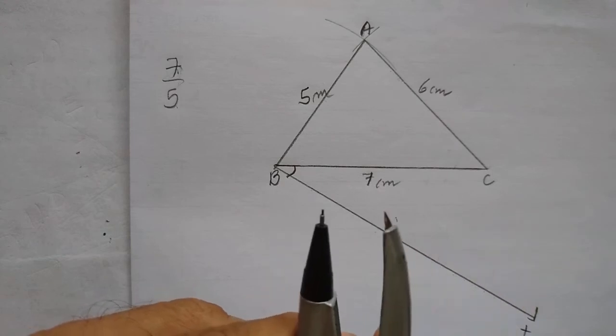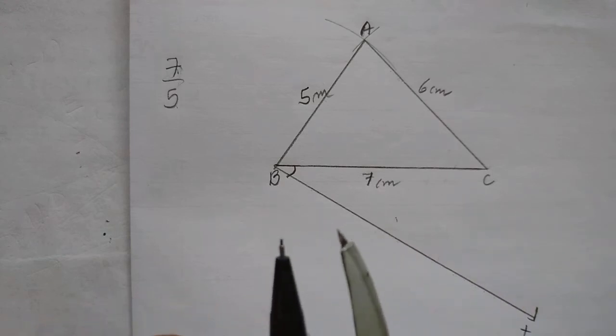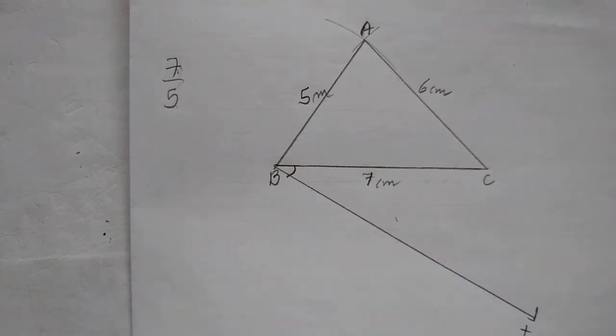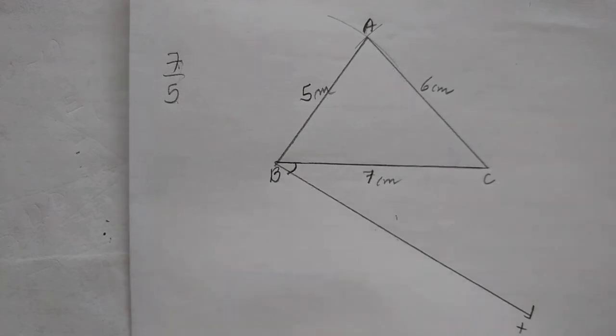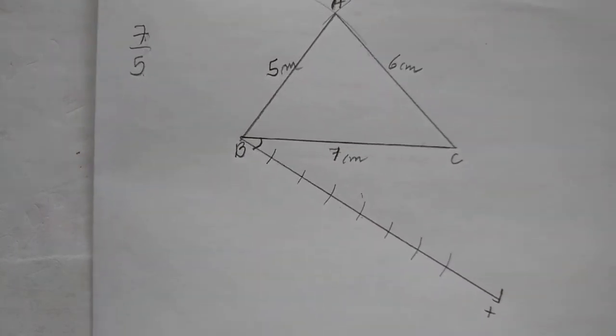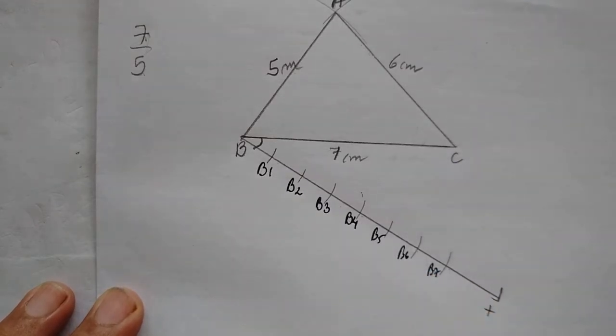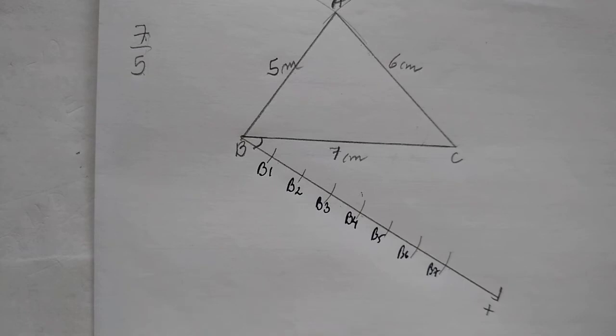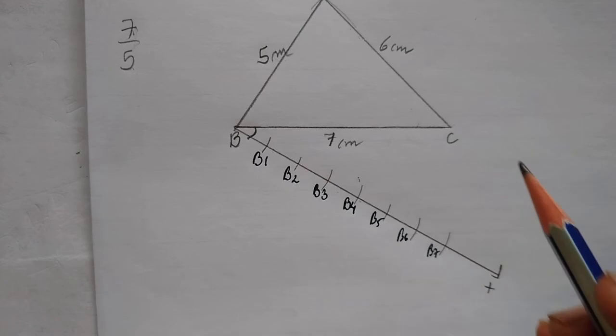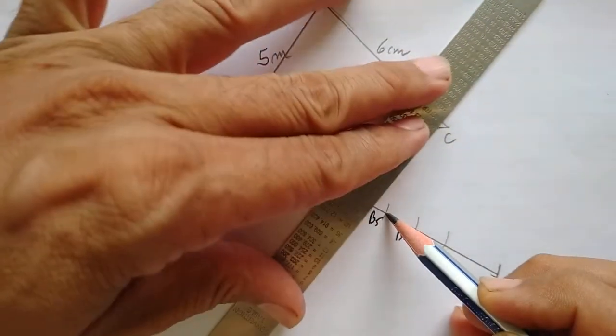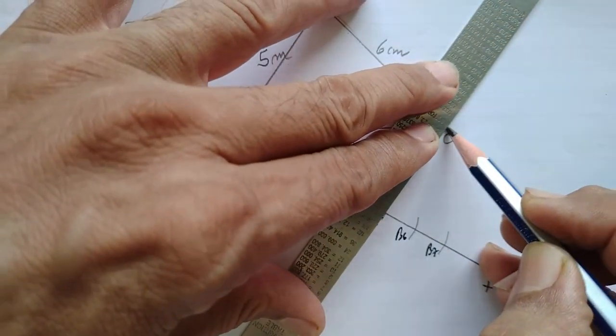Keep this radius conveniently constant, and here we have to take 7 arcs. Now 7 arcs I have taken, you can see that. Now we write down the points. The denominator is 5, so we joined B5 with C.